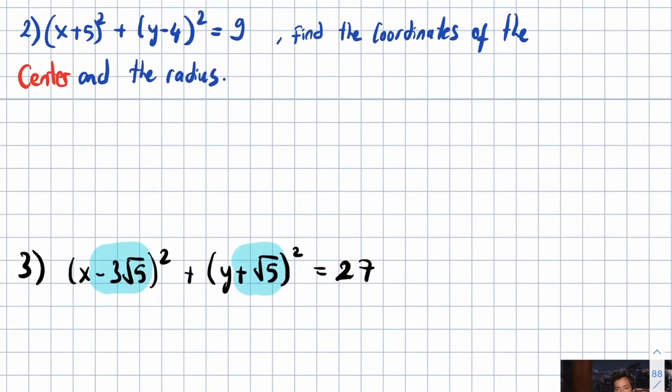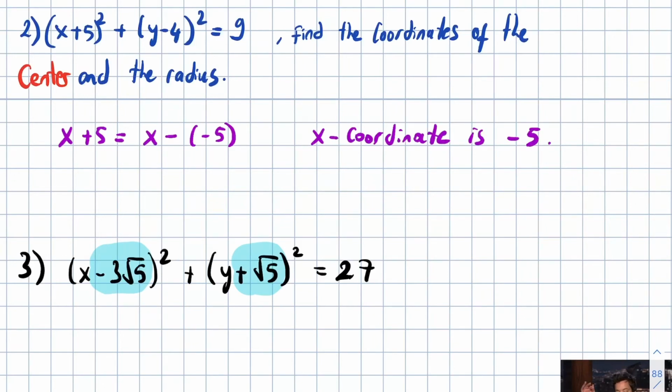Let's look at another example. Example 2: (x plus 5) squared plus (y minus 4) squared equals 9. Of course, we subtract -5 from x, so the x coordinate of the center is -5. Do not forget that, guys. It seems like x plus 5, but we subtract -5.